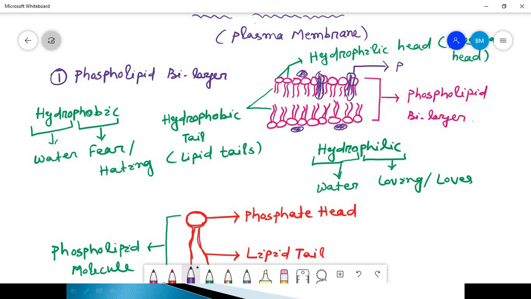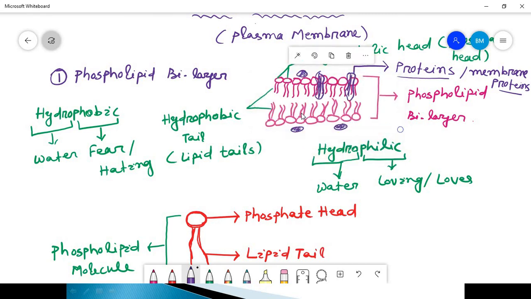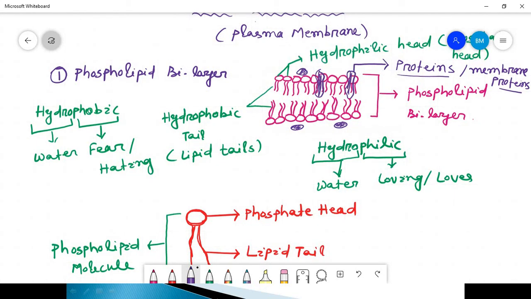These are membrane proteins. I hope it is clear now. These are all about the plasma membrane.